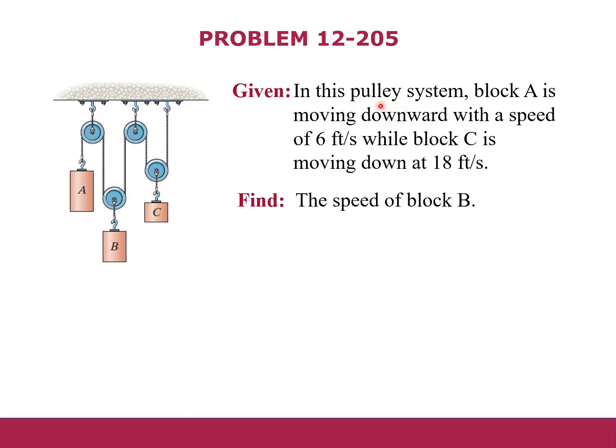It is said that block A is moving downward with a velocity of 6 feet per second, and block C is moving downward with 18 feet per second, right? And we have to calculate the speed of block B. From the figure you can say that this is a dependent motion, and in order to solve such a problem, first we have to define the datum.